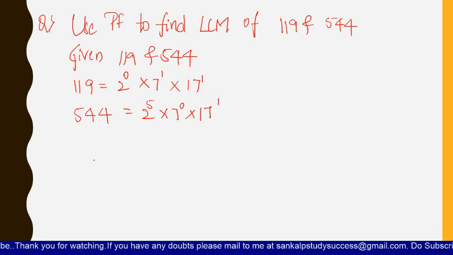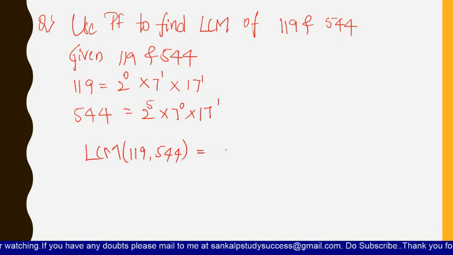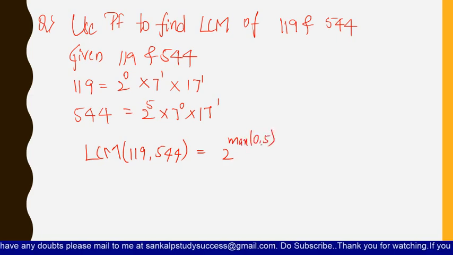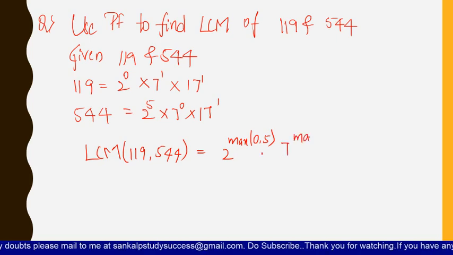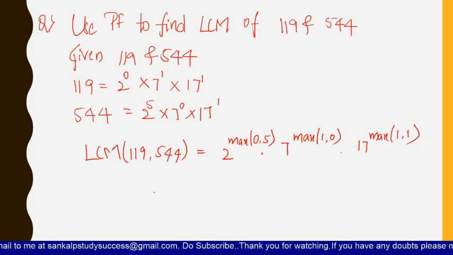Now you need to find the LCM of 119 and 544. That means you need to take the maximum powers of the factors: 2 power max of 0, 5, into 7 power max of 1, 0, into 17 to the power of max of 1, 1.